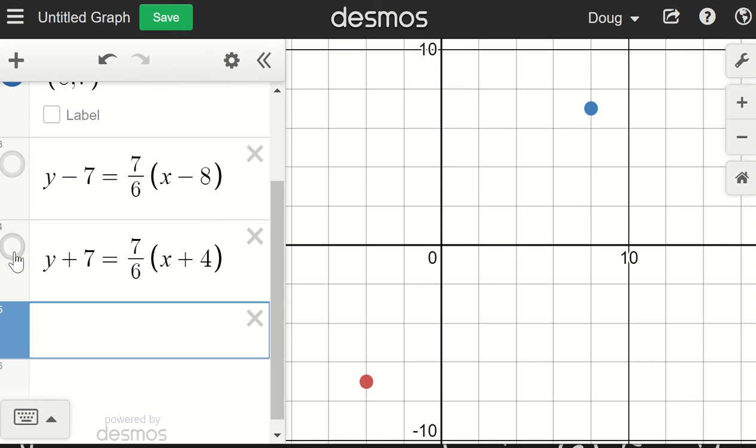I've got 2 different forms of the equation hitting the same points. Now, if I wanted to, I could distribute the 7/6 to both terms and subtract 7 here, or distribute the 7/6 to both terms and add 7, and I would get the equation of the line in slope-intercept form, and it would be the same. But this is a really nice way to quickly write down the equation of the line, point-slope form.